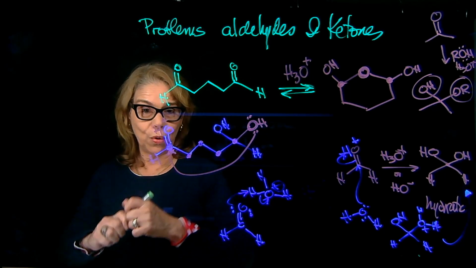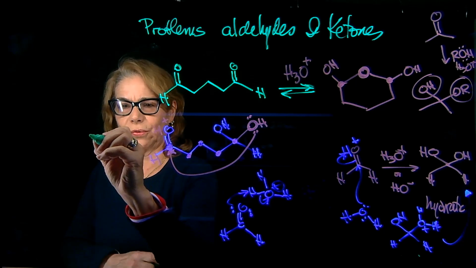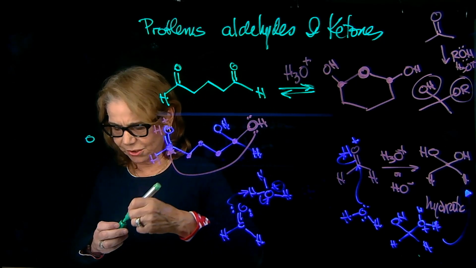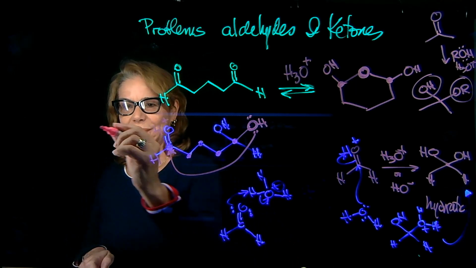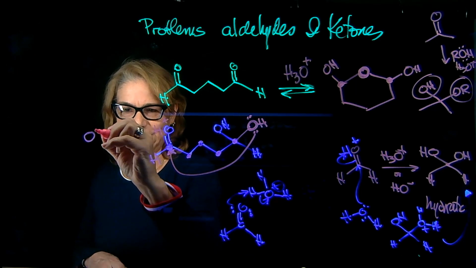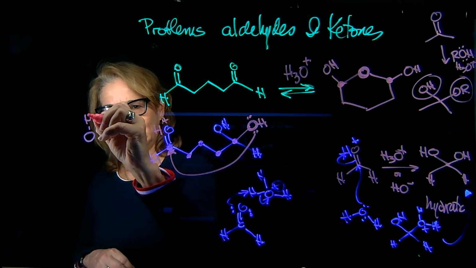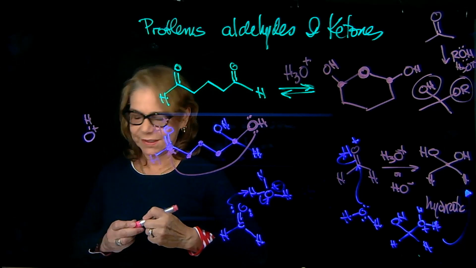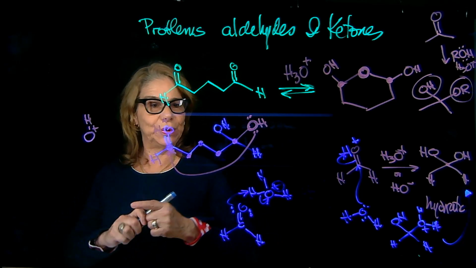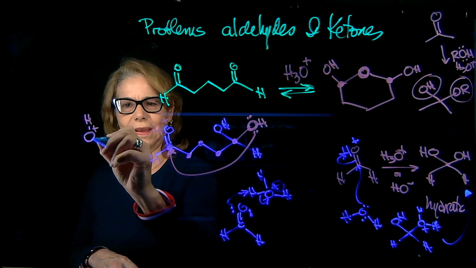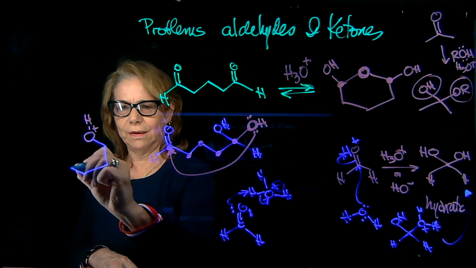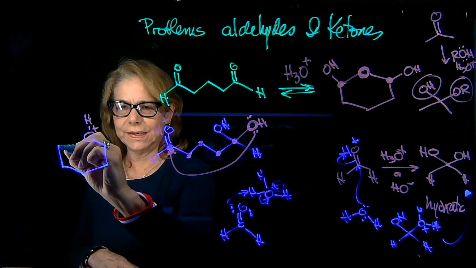This is what we wanted. So now I'm going to draw this oxygen, being consistent with my color coding. This is going to have an extra H, and the rest I'm going to draw in blue as I have here. So 1, 2, 3, 4, 5, and 6.